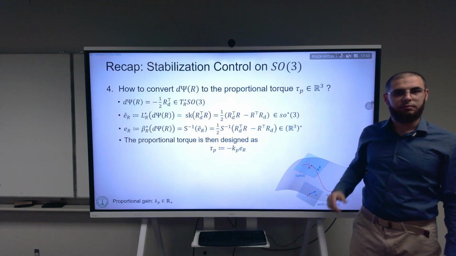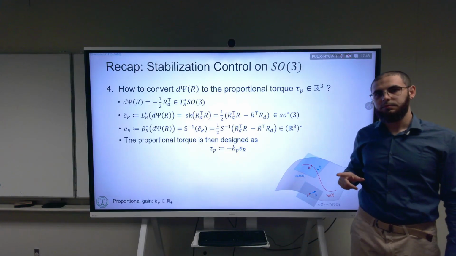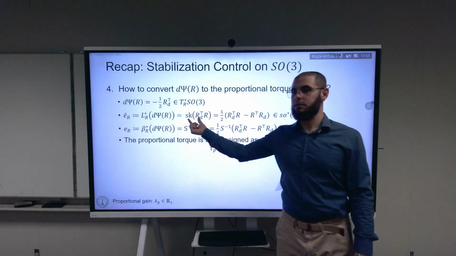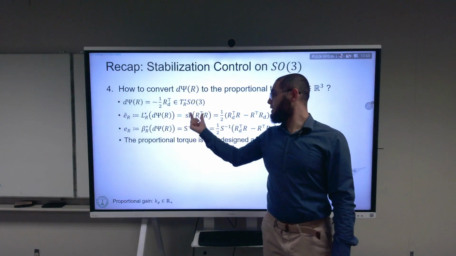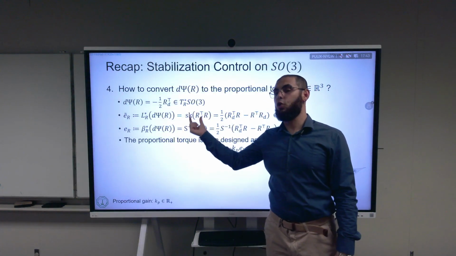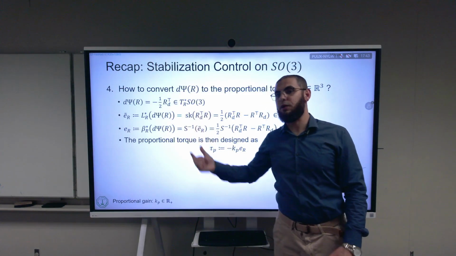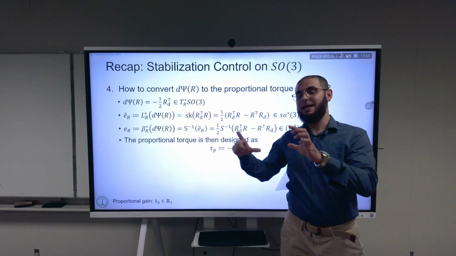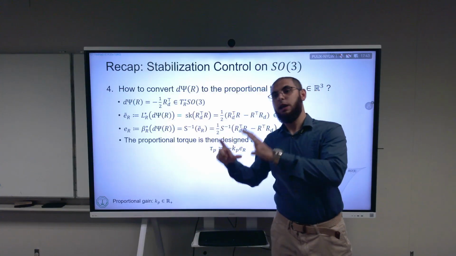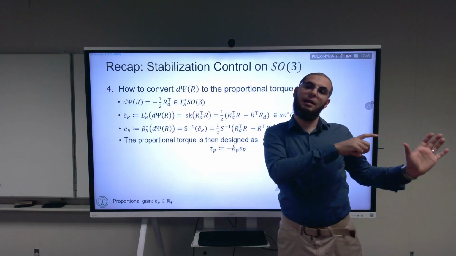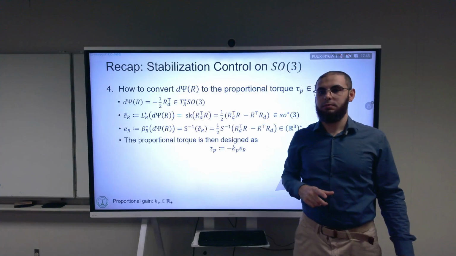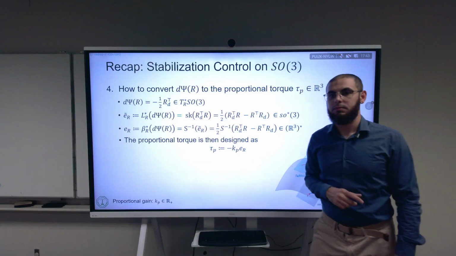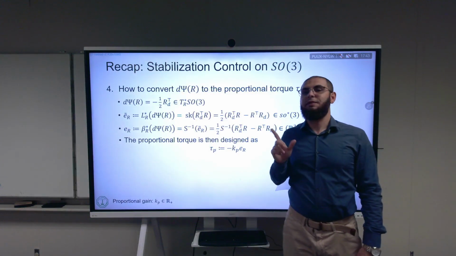Doctor, is the skew-symmetrization also a map or no? The skew-symmetrization is an operation that goes from any n by n matrix into the skew-symmetric n by n matrices. So does it have an inverse or no? No, it doesn't have an inverse.